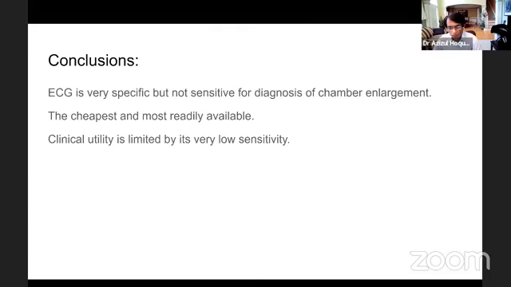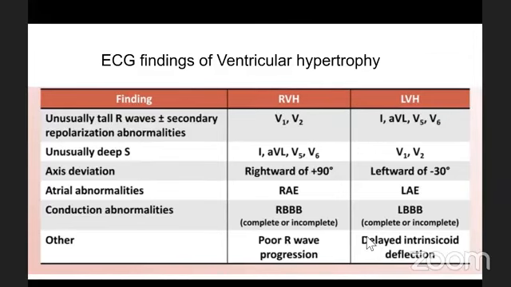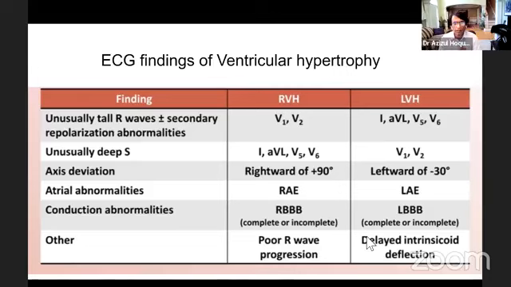One thing I'd like, just for our students and trainees, is to make sure they understand the clinical connection of this chamber enlargement. They need to keep in mind that chamber enlargement happens for a few reasons, right?